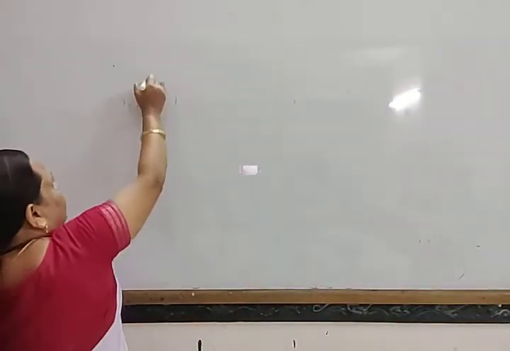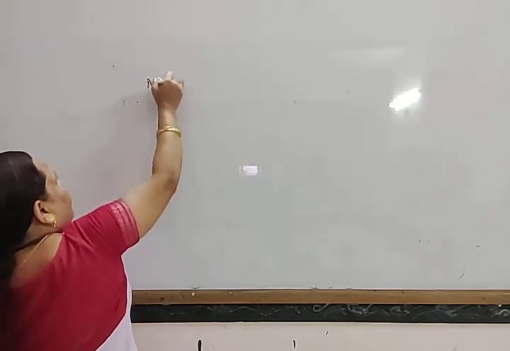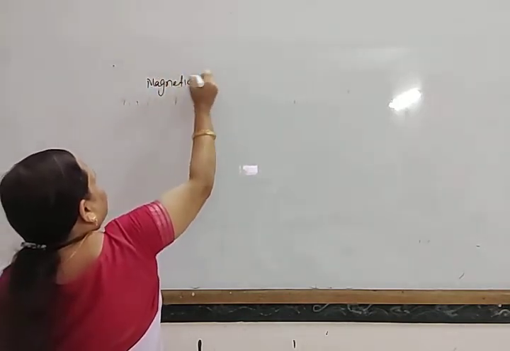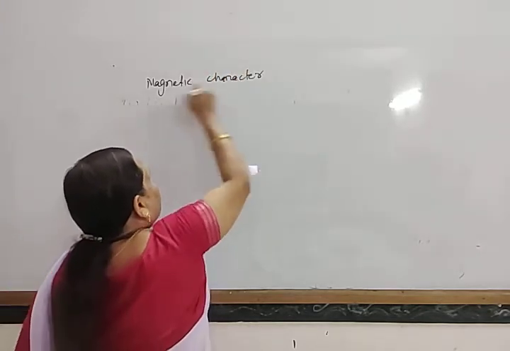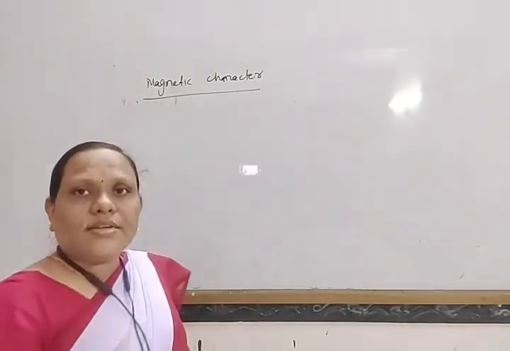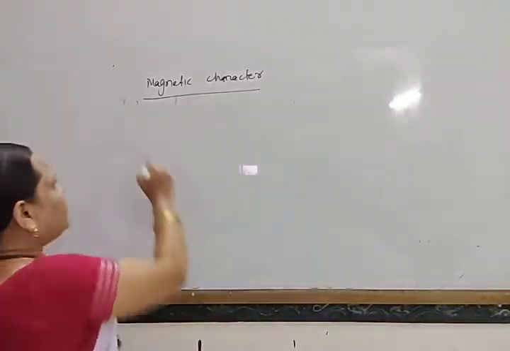The magnetic behavior of substances is classified into 5 types.